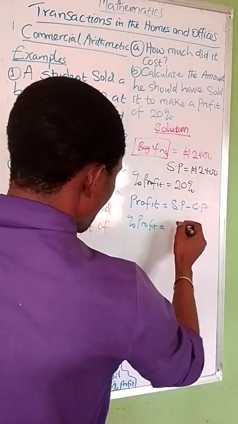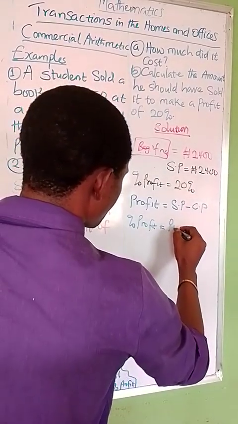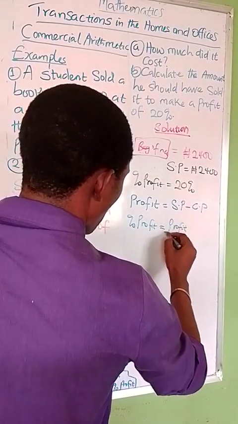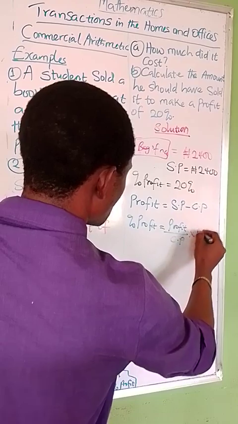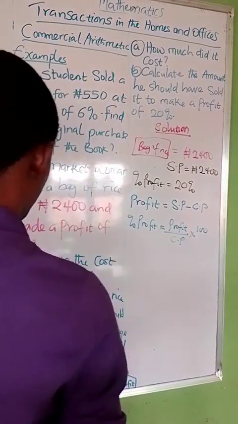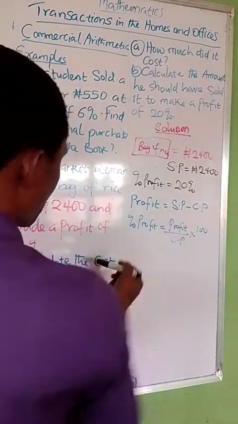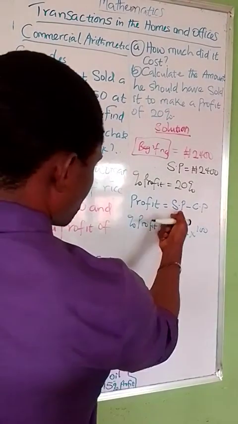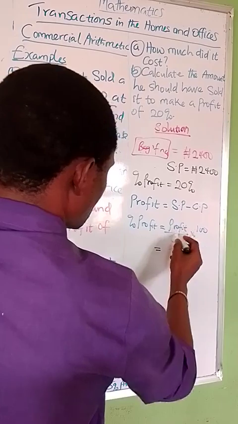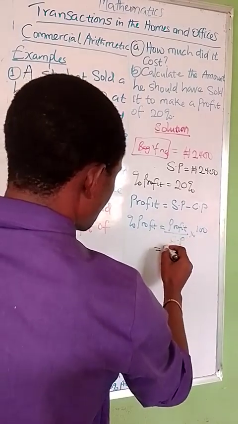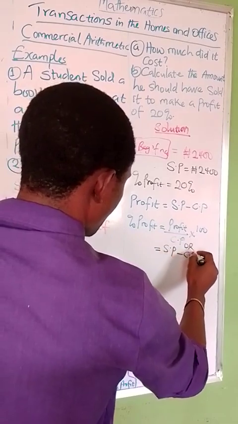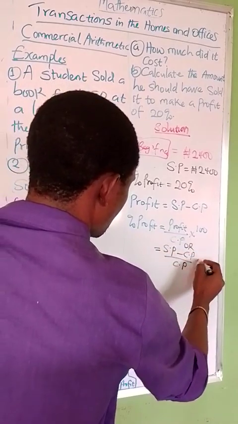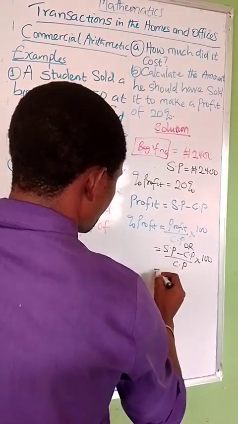Percentage profit is actually profit over the cost price times 100. But we were not given the profit, and that's why we are using this formula: selling price minus cost price over cost price times 100.